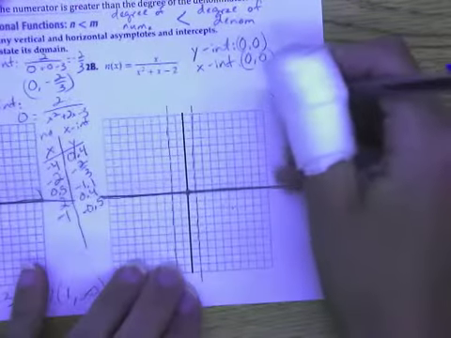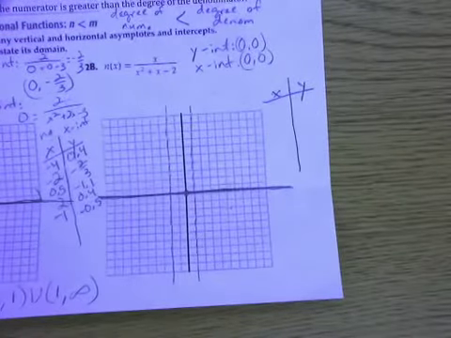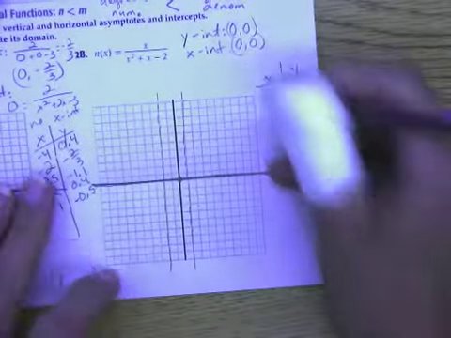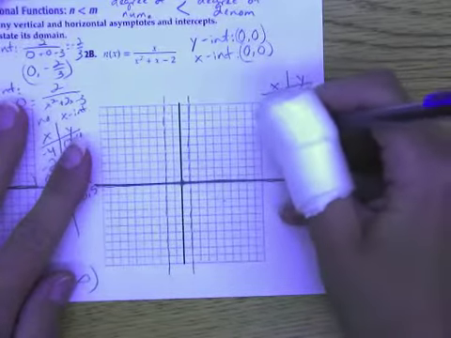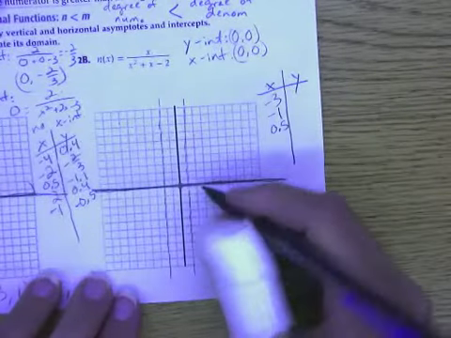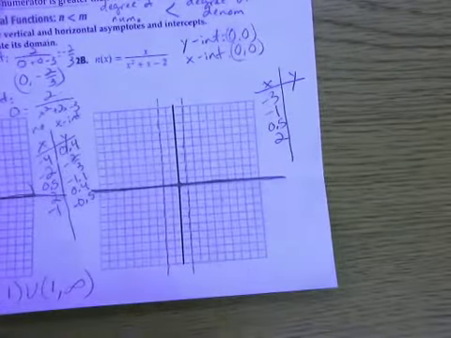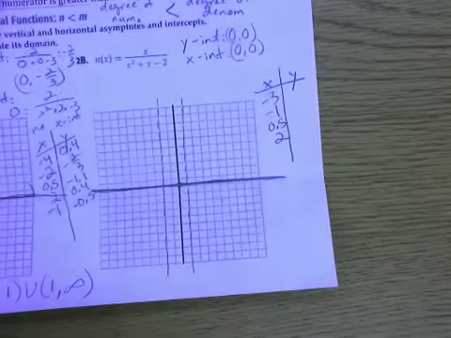And I know it's passing through (0, 0). But I want a few extra points just so that I'm confident that I have the general shape of the graph correct. So maybe I'll plug in -3 for x, -1, maybe a 0.5 to see what's happening between here and here, and then 2. Okay, so get out your handy-dandy calculators.